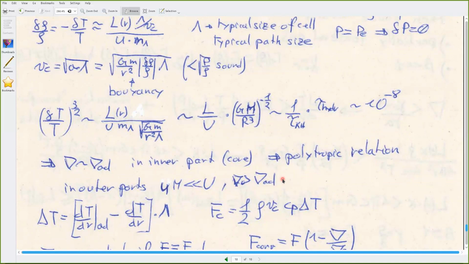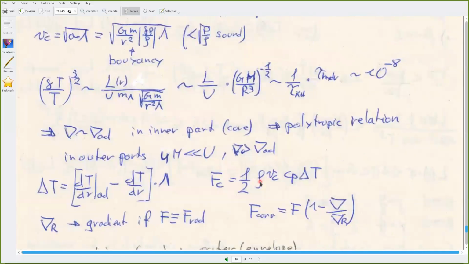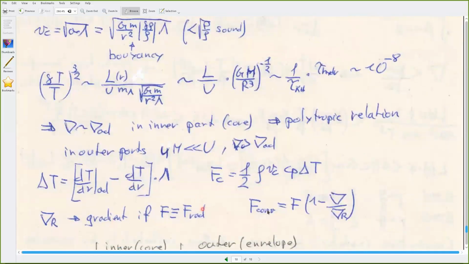In the inner part, you can directly suppose that the gradient of the star, where there is convection in the core, is just the adiabatic. It makes it easier. At the end, we can see the delta temperature in this value, the difference in the gradient multiplied by the lambda. This is in general.